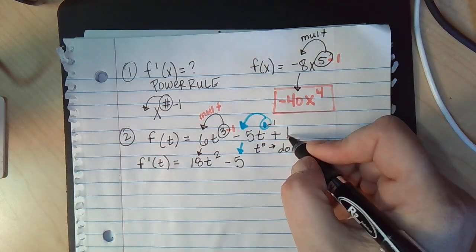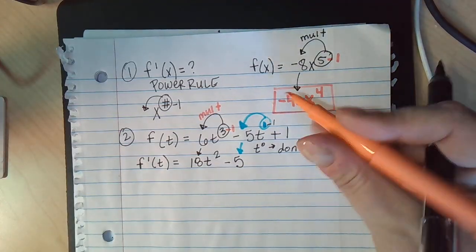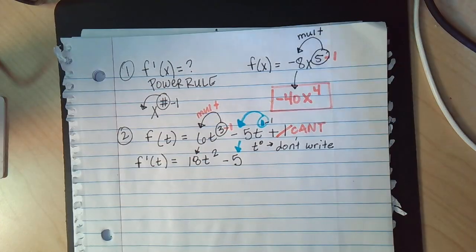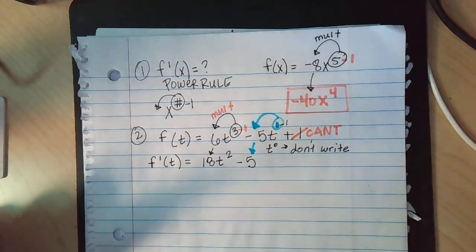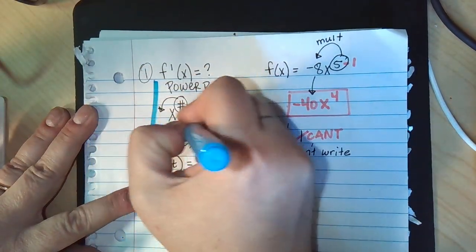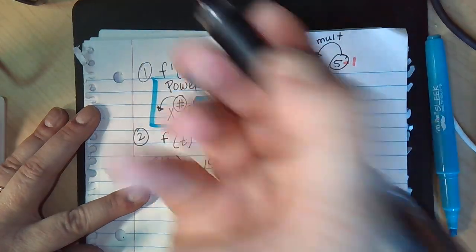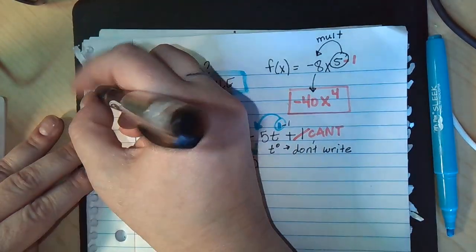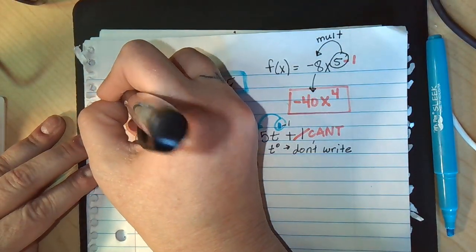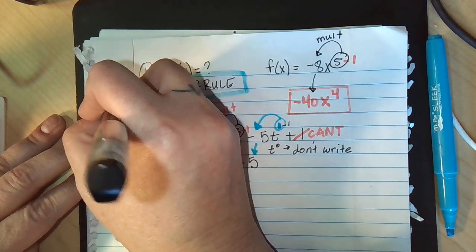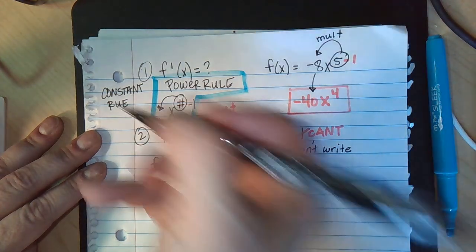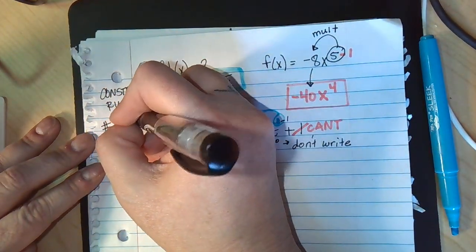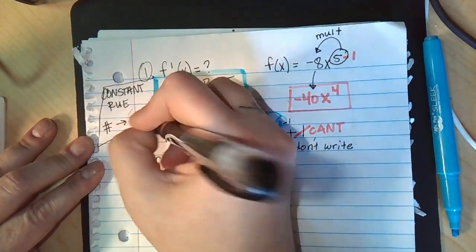All right, and then this number 1, when I go to take the derivative of it, you can't. So we have one rule already, the power rule. If you want to say something about this regular number, you might call it the constant rule, which says the derivative of a number is 0.